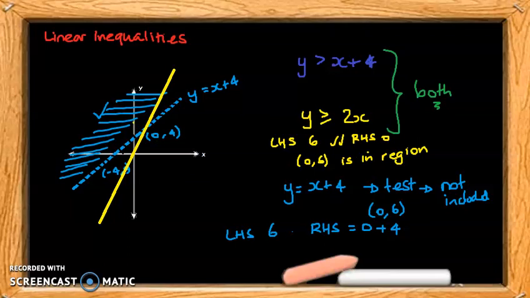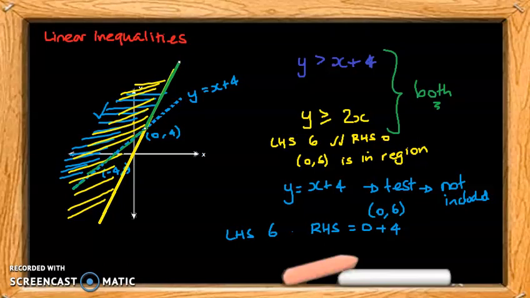So that means the point at 0 and 6 is in the region. And that means this point would be in the region. So therefore, this is the appropriate region for the yellow area. And finally, what we can do is combine them to find out that this region here has both. So therefore, I'll have a region where I have a dotted line, which is green there, and I have a solid line from the point of intersection.